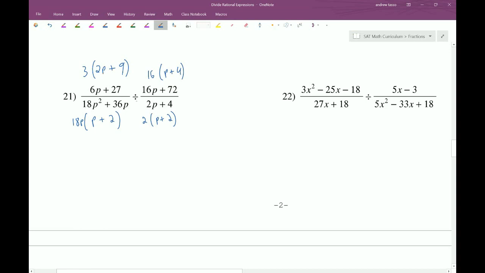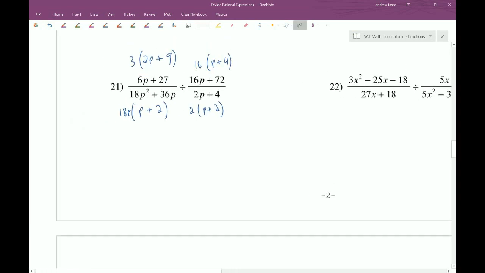So when you're dividing these things, the first step that you're supposed to do is switch it to a multiplication problem, whereby the first group stays as it is. Okay, so I'm just going to write the factorized form, and then the second group is supposed to flip upside down.